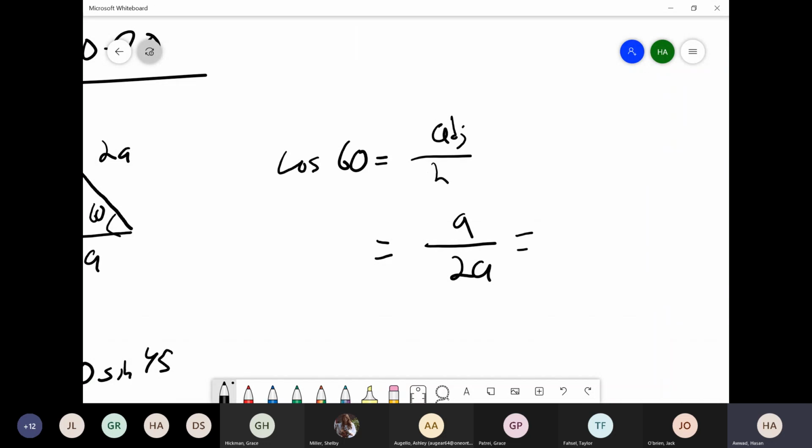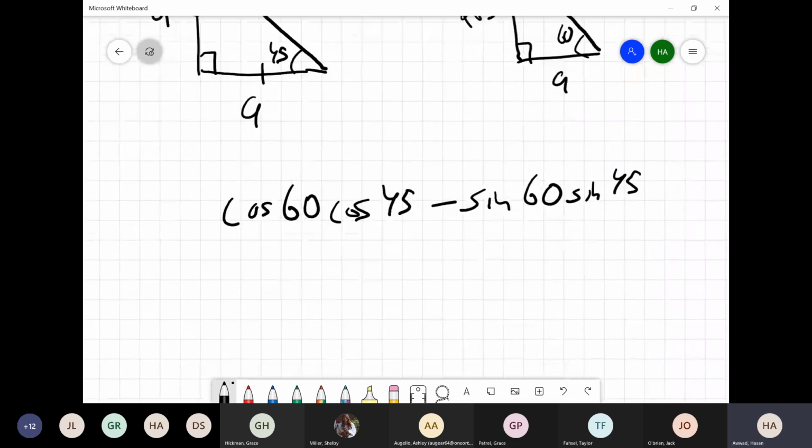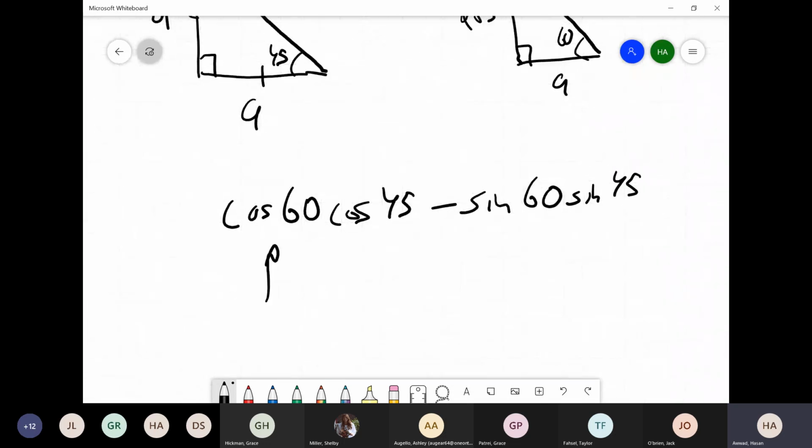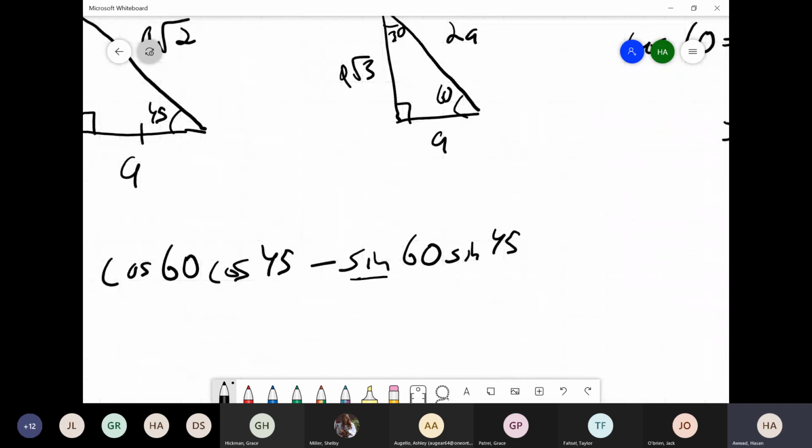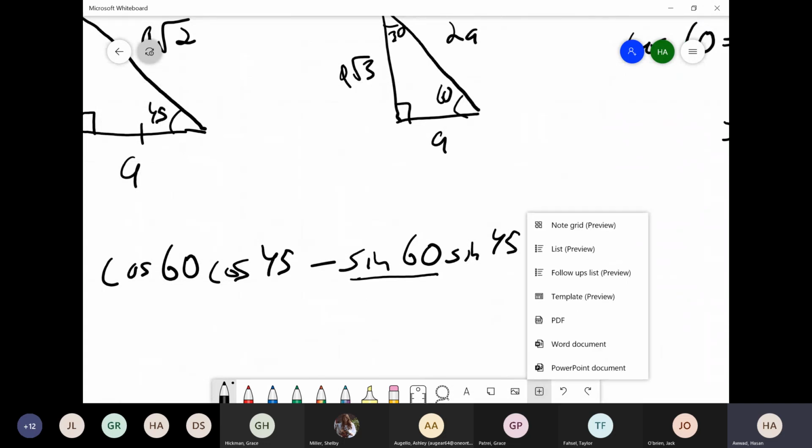Because the A's are going to cancel out, and you're always going to be left with just 1 over 2. When the A's cancel out, you get a 1 on top, the 2 remains, so you just get 1/2. So great, we already figured out what this trig function is, cosine of 60. Before we leave this triangle, because I see that we also have a sine of 60, let's figure that one out as well, and then we'll go from there.